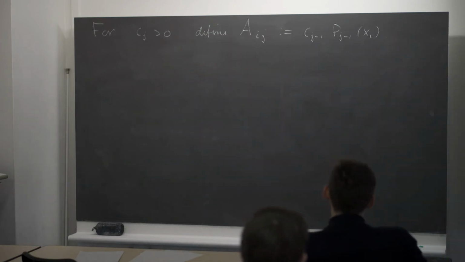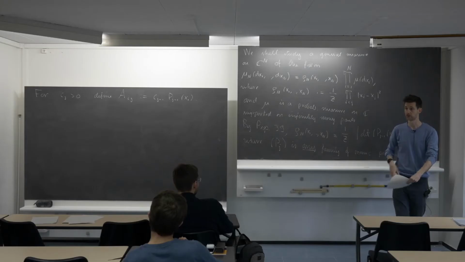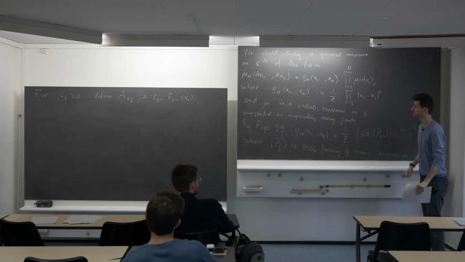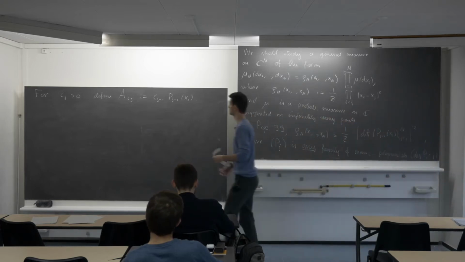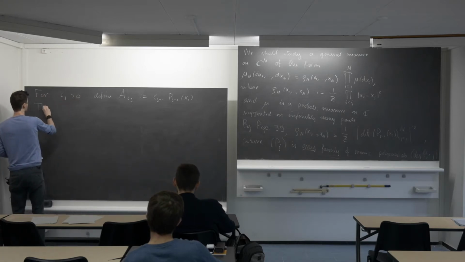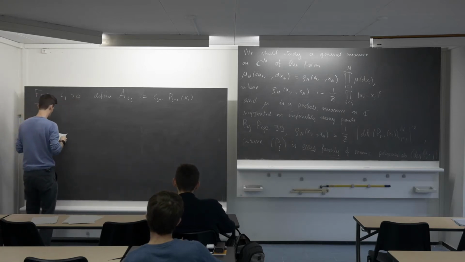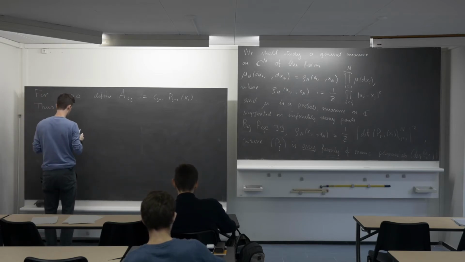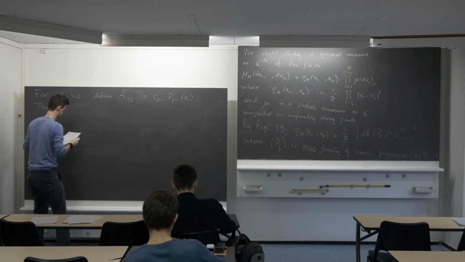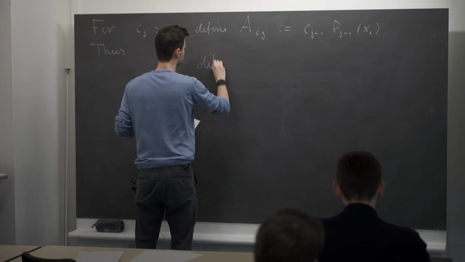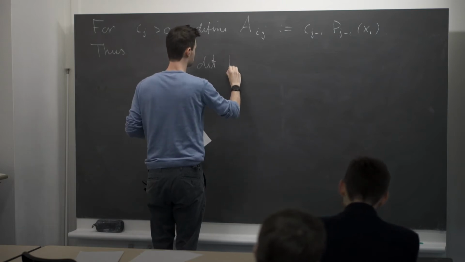So I fix my arguments of my probability density, and I would like to compute this right-hand side. Write it in a slightly different form. So I define my matrix Aij. So with this matrix, I can write my determinant in the following way. So this was the determinant that I had to compute.